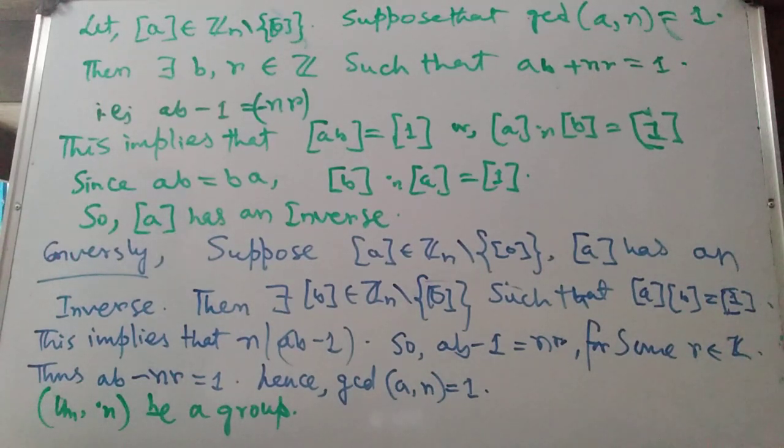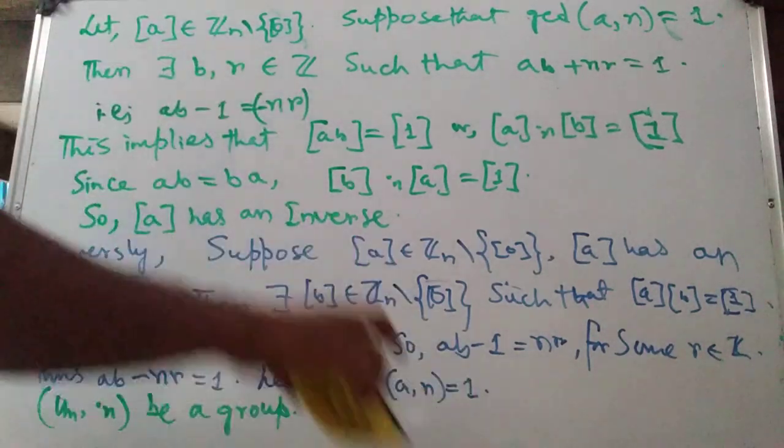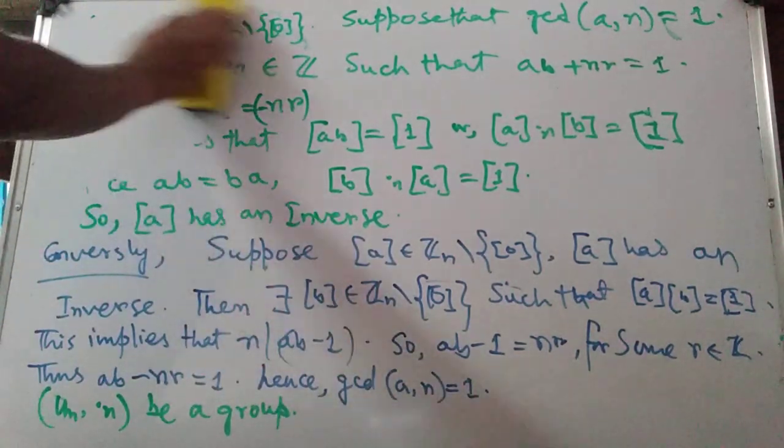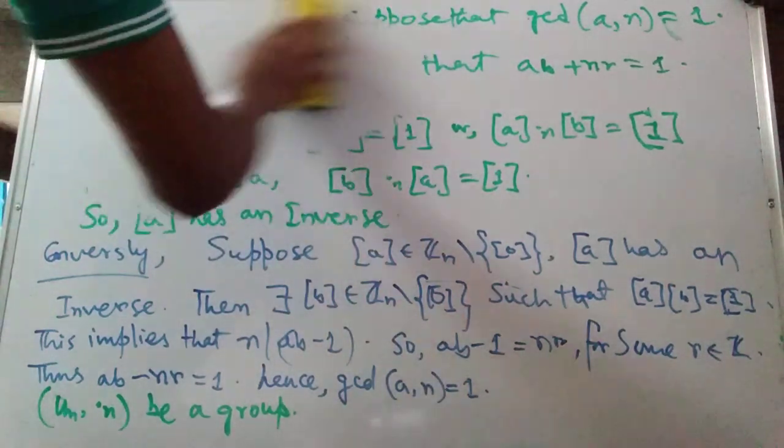Then now we erase that portion and go on to further discussion. This one obviously becomes a commutative group.